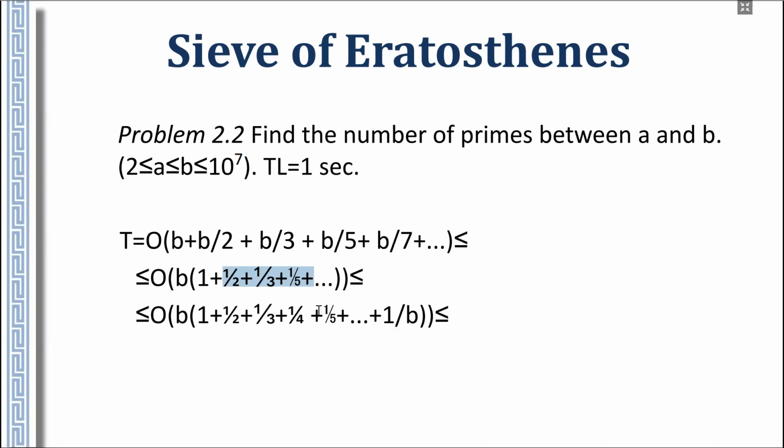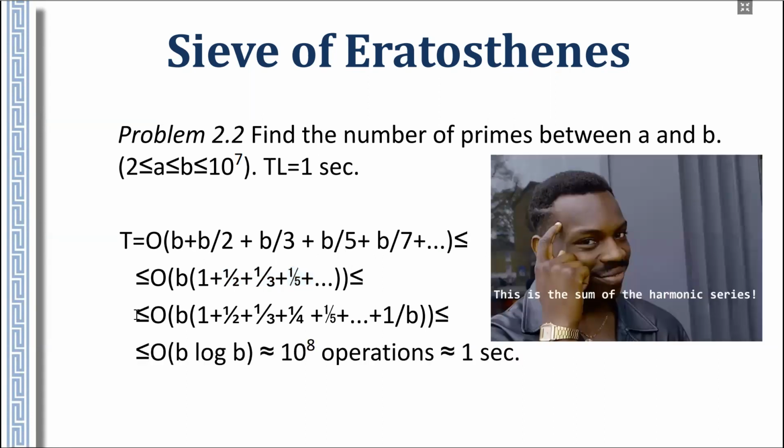It is easier to estimate this sum, and we know that this sum is just the harmonic series, and its sum is just log B. That's why this is B log B. So B log B for B equal to 2 to the 7 is just 10 to the 8 operations. In fact, if we sum only over prime numbers, it is B log B, but the hidden constant is very big. That's why B log B is better as a time complexity estimate.